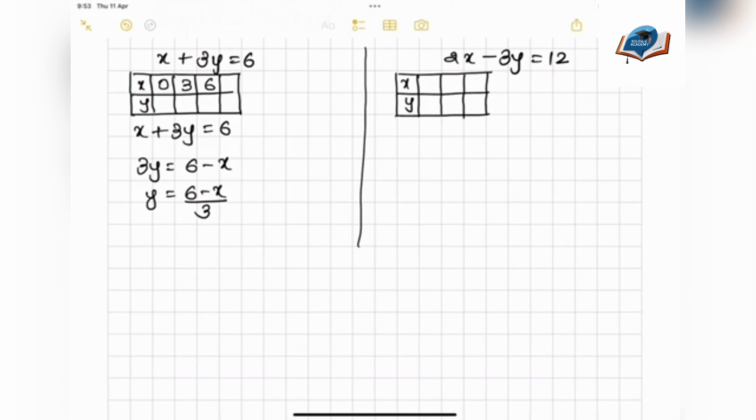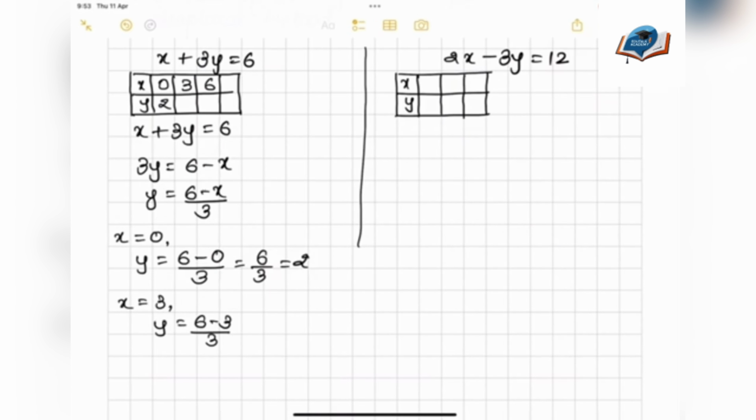I should be careful that the values I put are such that the answer comes as a whole number. So I am taking three values, 0, 3 and 6. First, x equal to 0. So y equal to 6 minus 0 upon 3, that is 6 by 3, which is equal to 2. So y equal to 2.